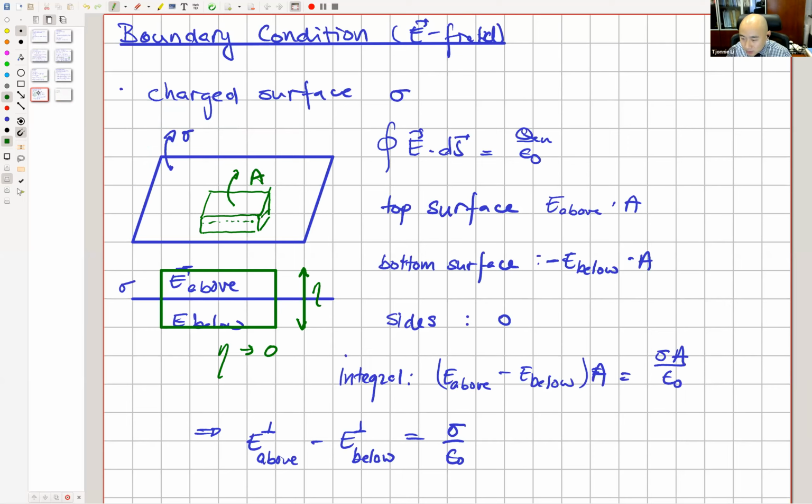Due to sigma on the surface, why shouldn't it be symmetric? Yes.